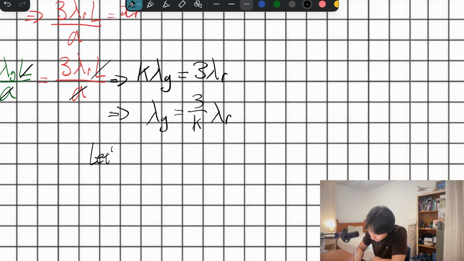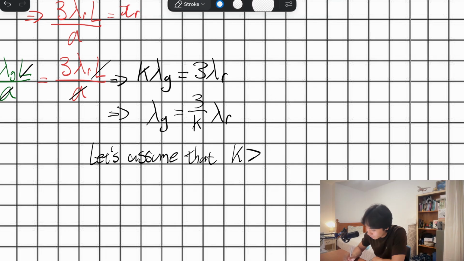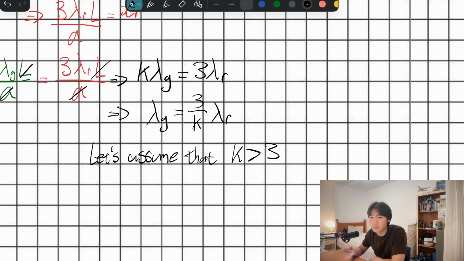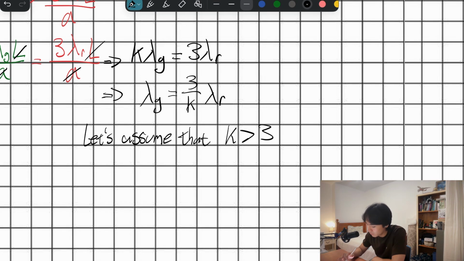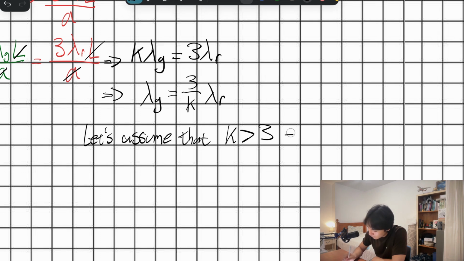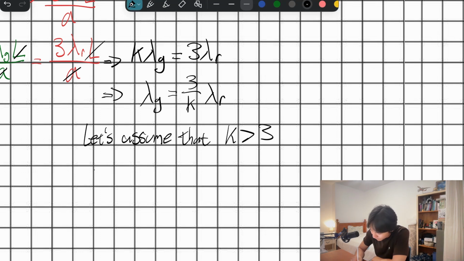So what is the next whole number after 3? Let k be equal to 4. This implies that lambda green is going to be 3/4 of lambda red.